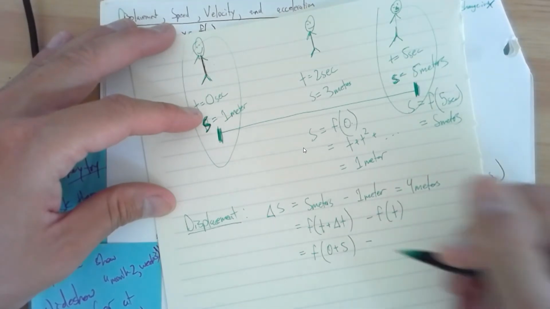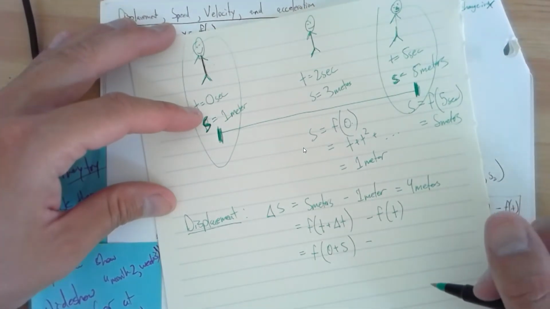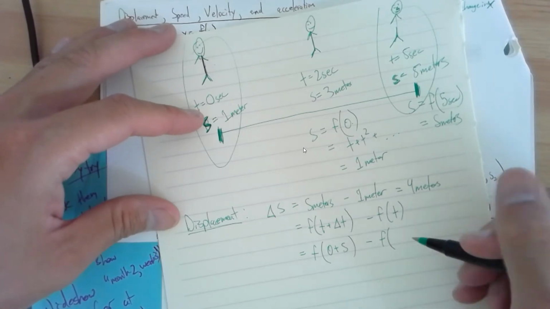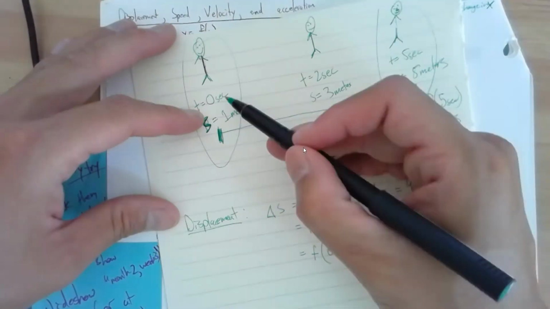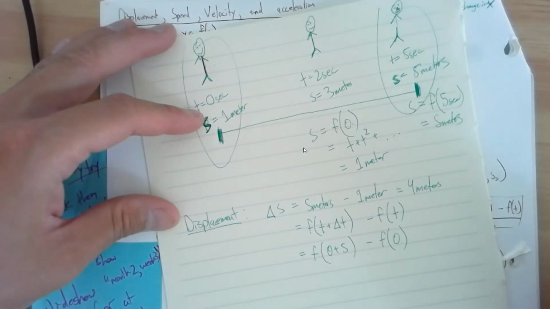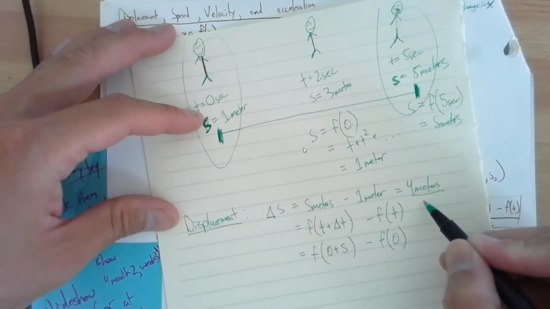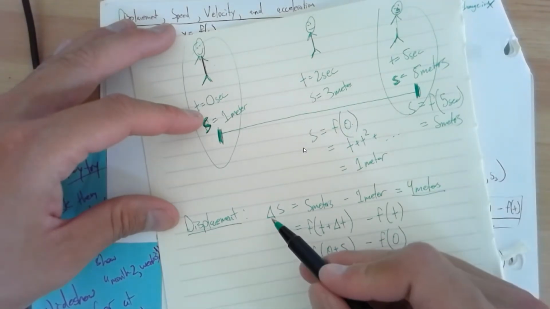I'm just going over concept here. This isn't going to solve any problems really in your homework, but you need to understand what all this is. In f of t, the original start was at 0 seconds, right? But remember, I'm not talking about 4 meters over any time. I'm just looking at the change in the displacement.